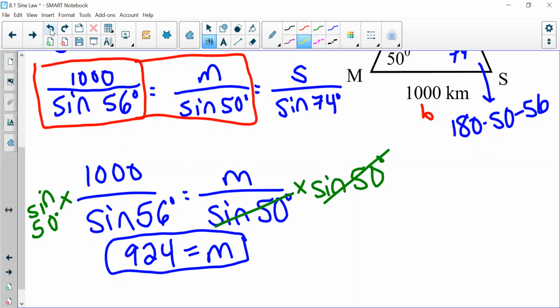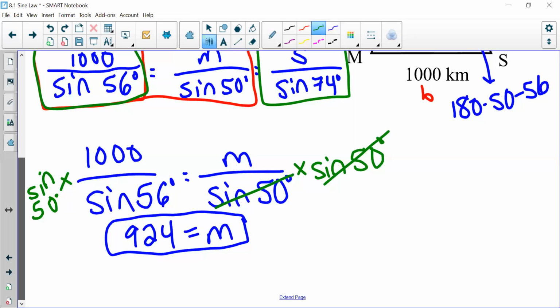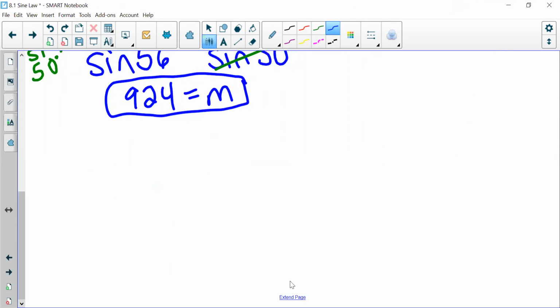Okay, we're going to do this again because we also need side S. This time we're going to use again the 1,000 divided by sine of 56, but now I'm going to grab the other part of my equation, equals S over sine of 74.